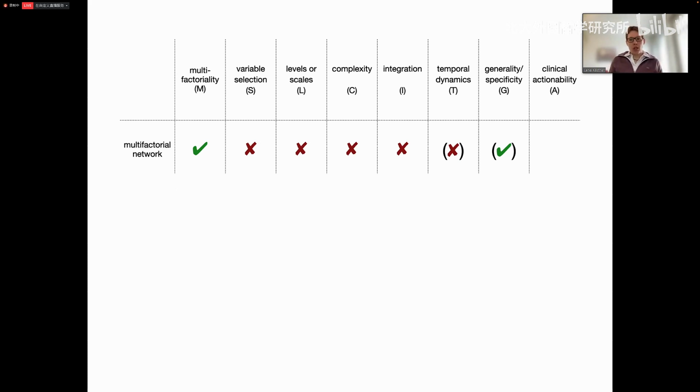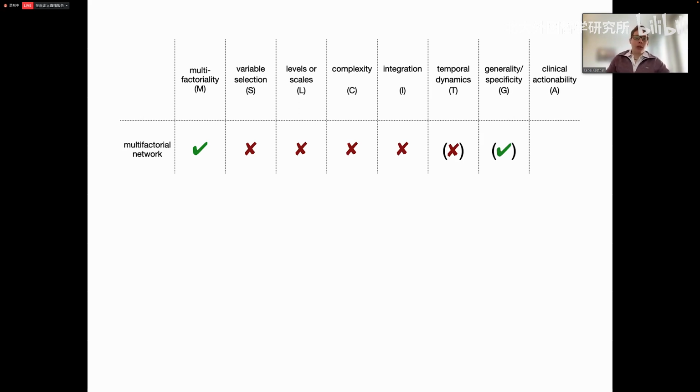If it's within subject data, then it's more like very patient-specific models. And depending on what data you feed in, that determines whether you get a general or more specific model out. And notice that these two strategies to deal with the challenge of generality versus specificity actually work for any of the models I'll be talking about today. So we could basically fill in the scoreboard already with all the ticks here.